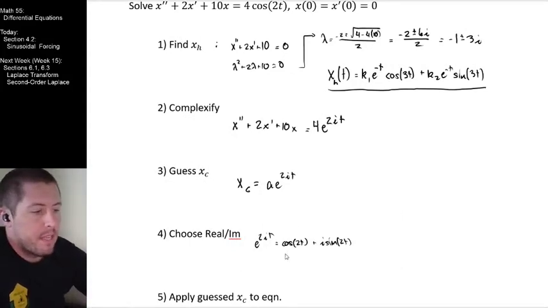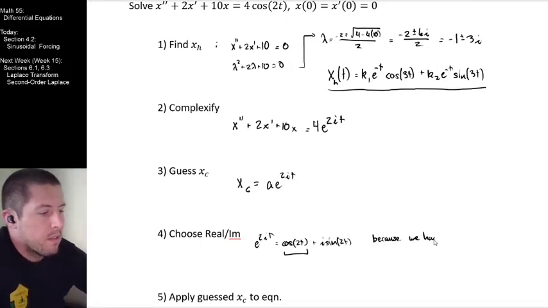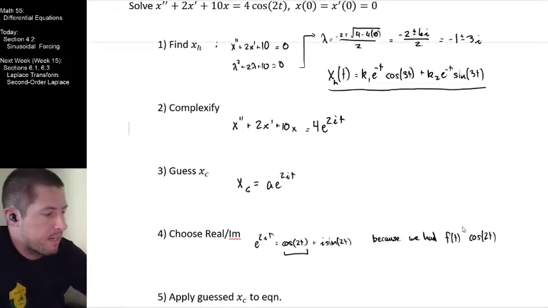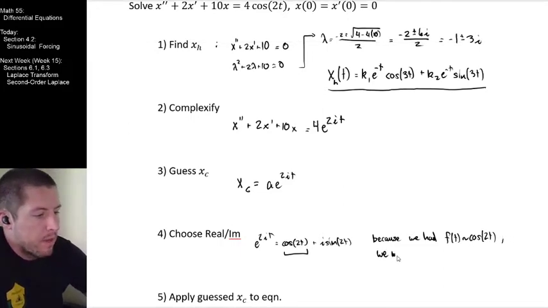That means to me the real component is the component that we want to keep, because f of t was proportional to cosine of 2t. I don't care about that 4. That's not affecting me at all. We will keep the real components.